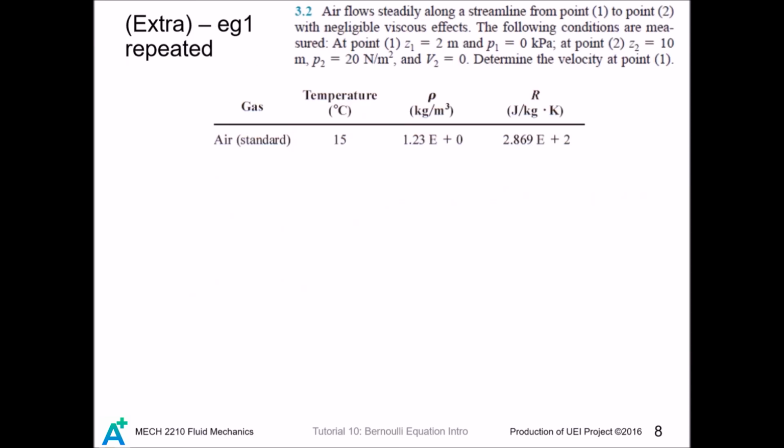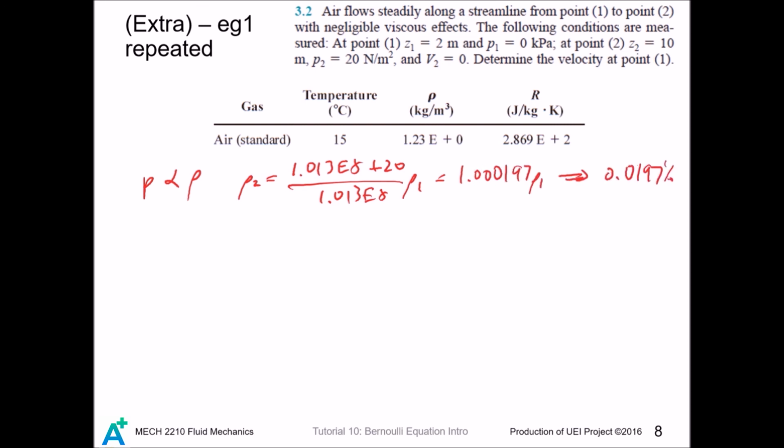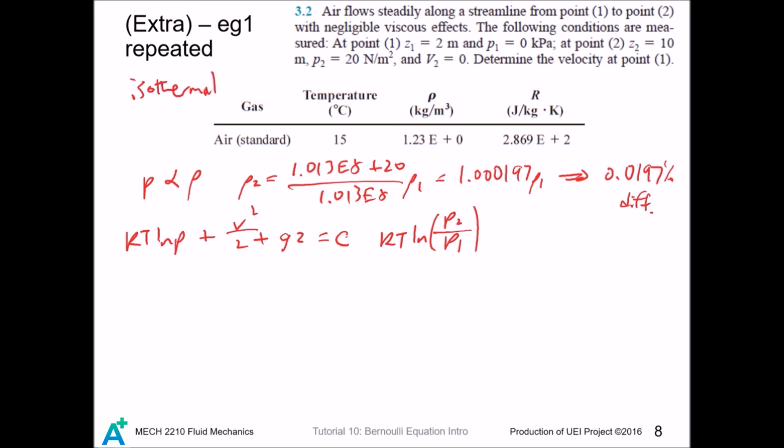Now we see why the incompressible assumption is appropriate here in the first example. First, we compare the density. From the ideal gas law, we have P directly proportional to the density. So the density at point 2 is, and that is just a small difference. And from the previous formula, we assume this process is isothermal, and we continue to write down our formula.